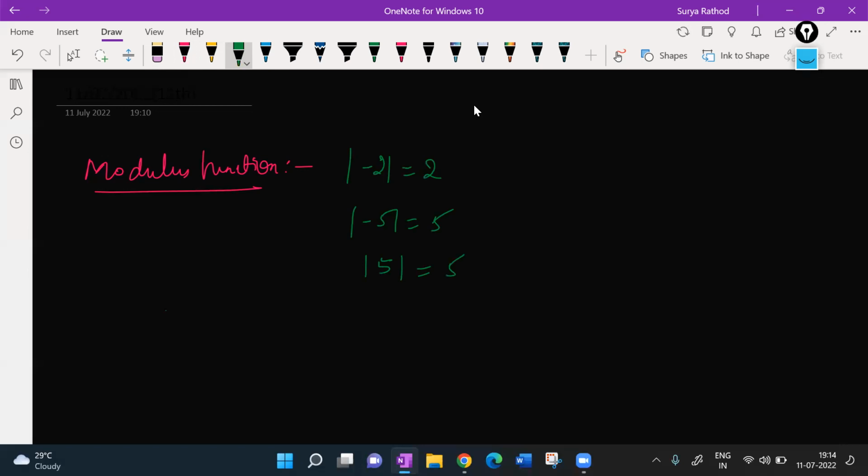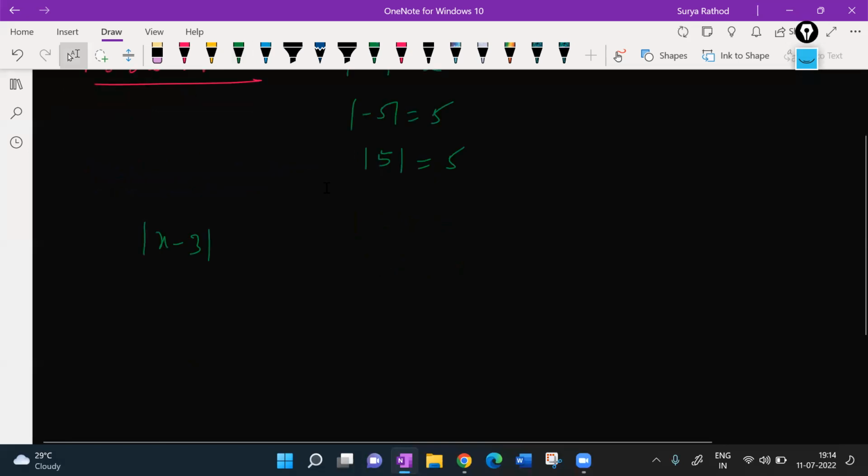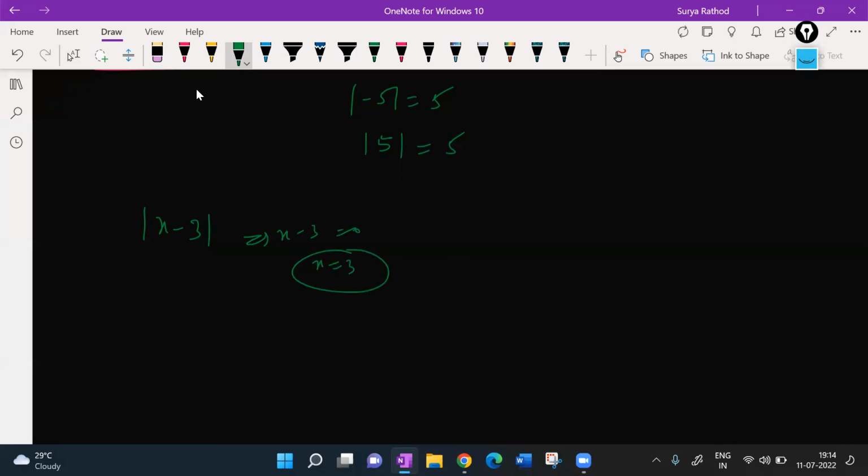If I say modulus of x square minus 4, tell me the values of x here. Tell me the critical points of this. 3. Yes. So how do you find this? x minus 3 is equal to 0, x is equal to 3. This is what I call critical point.